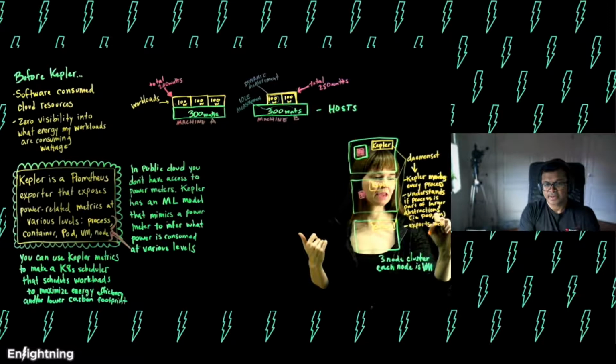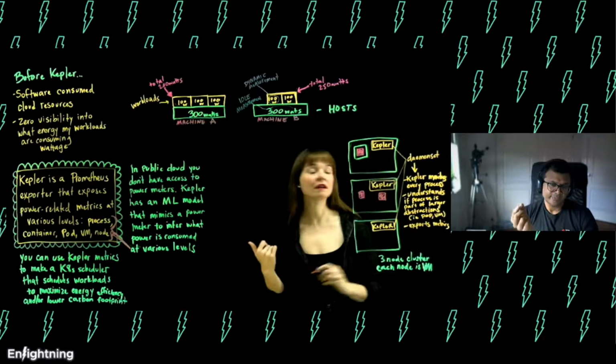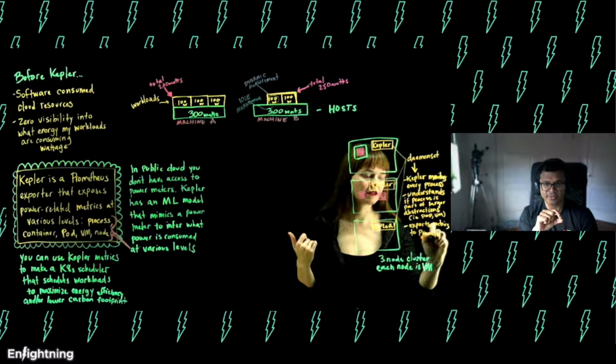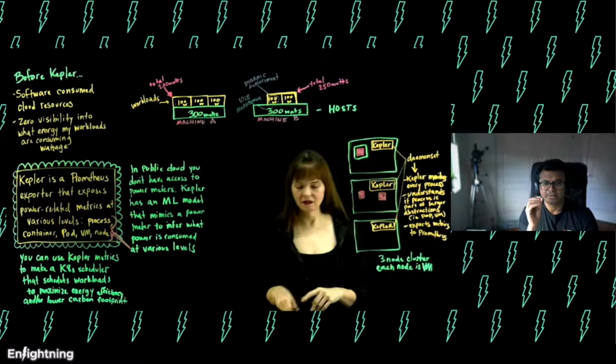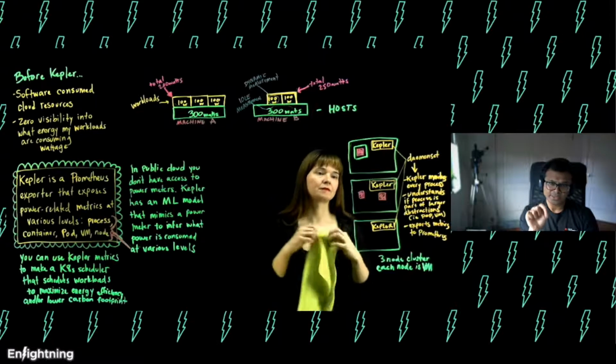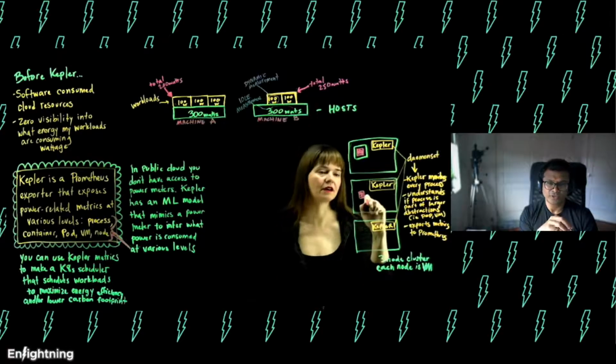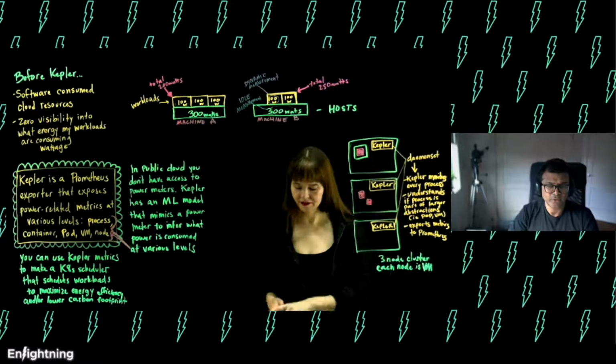Yes. And to help with that, we have these machine learning models that are part of Kepler. Now, I'll go a bit deeper into that. So a single model will not work for every CPU out there.